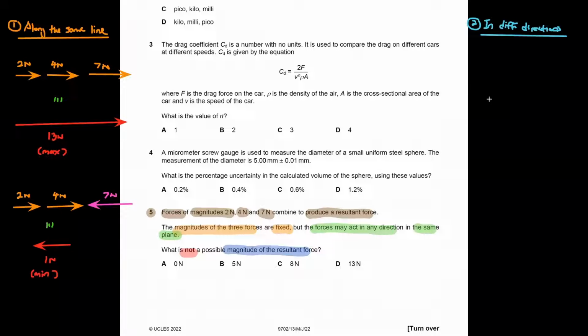You have the 2 Newton force and 4 Newton force acting towards the right. This will give us a resultant of 6 Newton. And then you consider the 7 Newton force as acting perpendicular to the first two forces. This is your 7 Newton.